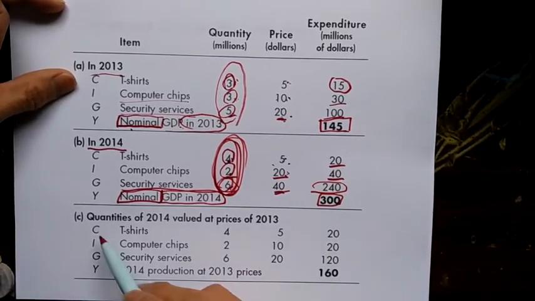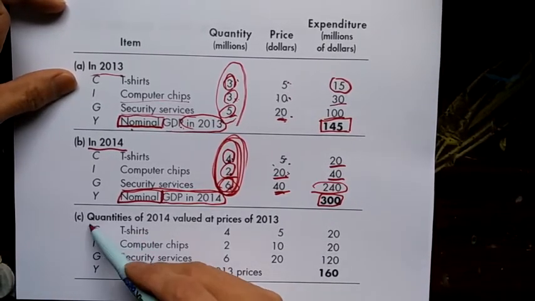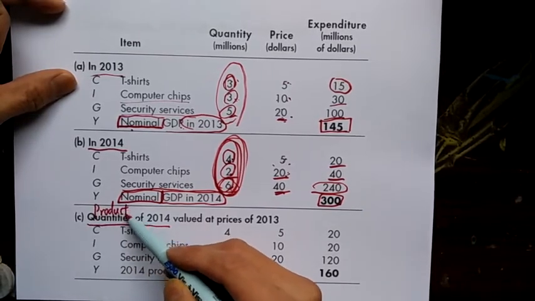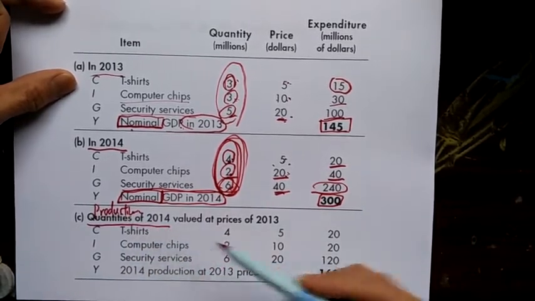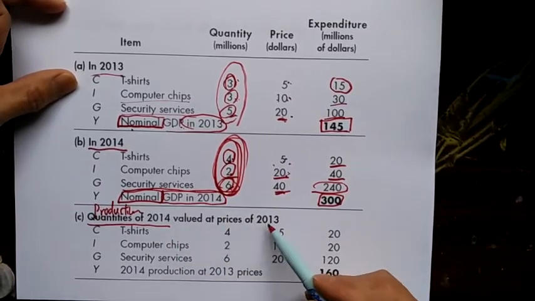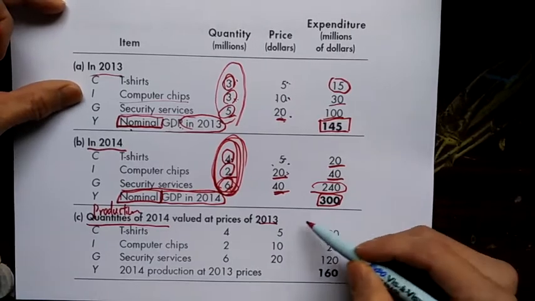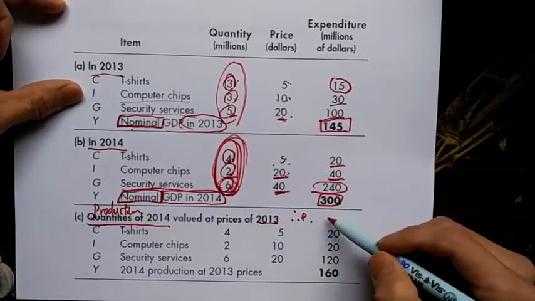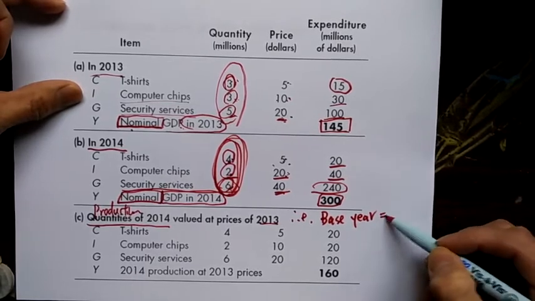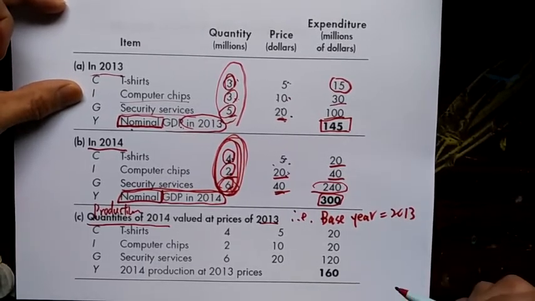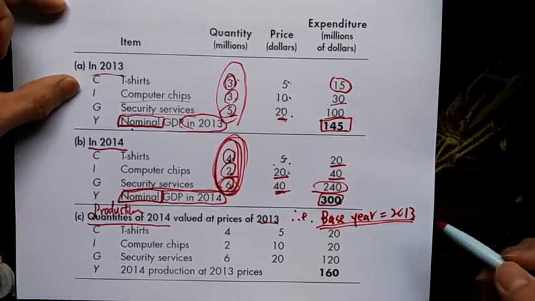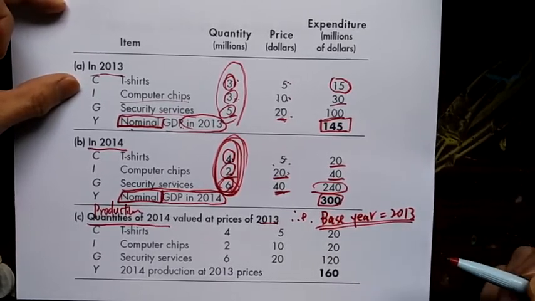Next, we calculate the quantities, the production of 2014, but we want to value the production at the 2013 price. That is, now our base year is 2013. We want to choose 2013 as the base year.